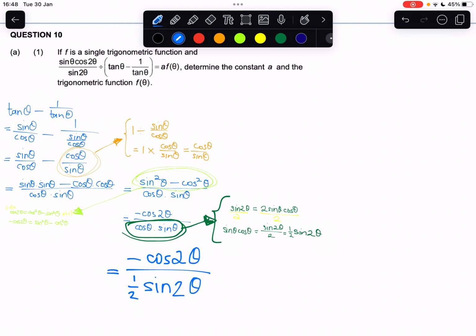And dividing by a half is just the same as timesing by 2, right? 1 divided by a half, well, there's 2 halves in 1. So this can be rewritten as negative 2 cos 2 theta divided by sine 2 theta. Okay, righty-o. I'm already so excited.